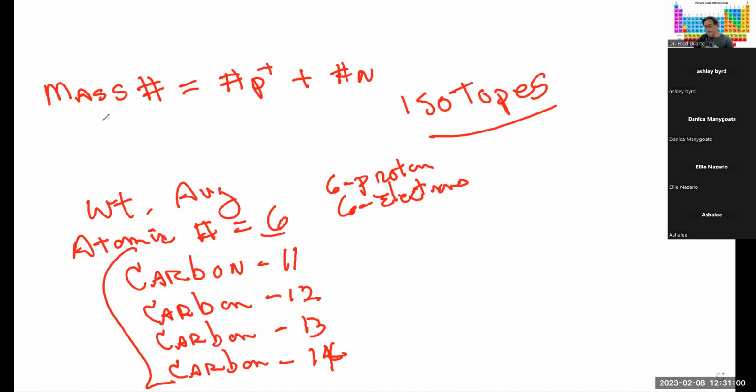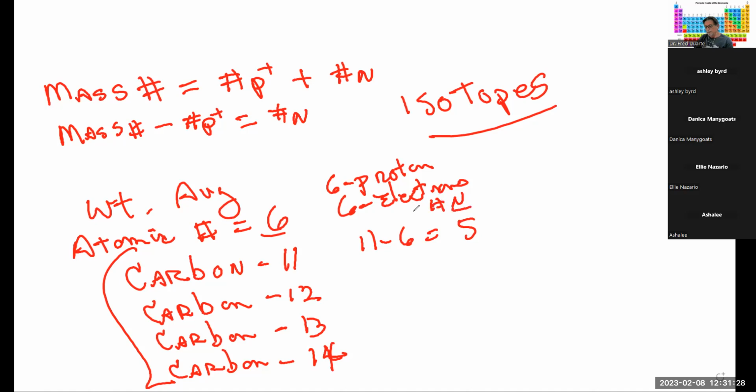And so if we rearrange that, mass number minus the number of protons will equal the number of neutrons, okay? So the mass number here is 11. Okay? So 11 minus 6 equals 5. That is the number of neutrons for carbon 11.